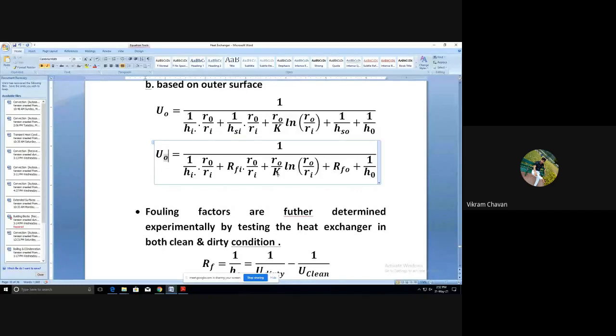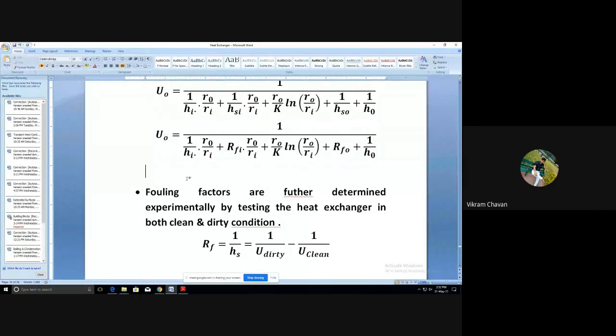Further, how to calculate this fouling factor experimentally? First of all, you have to take the dirty heat exchanger on which fouling has already happened, and calculate the overall heat transfer coefficient in that case.